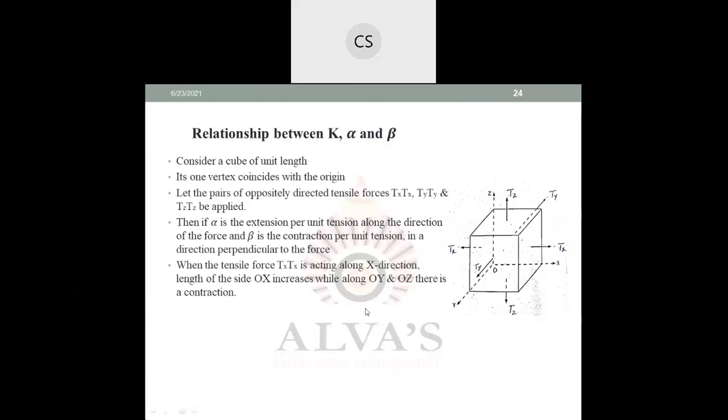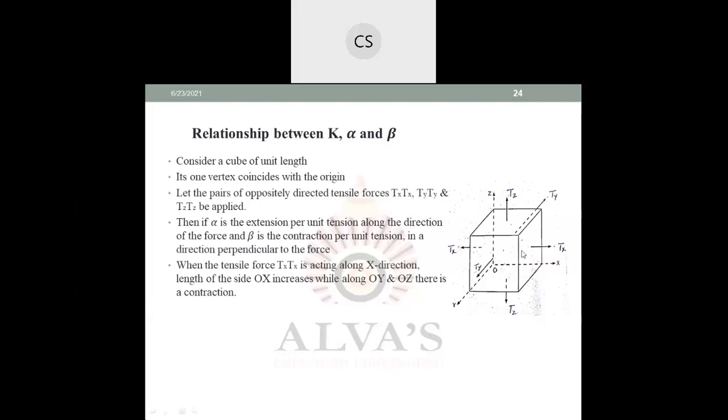What exactly is that? Let us try to understand. Suppose we consider the tensile force Tx acting along the x direction. Two opposite forces are acting along the x direction, on the left and right faces of the cube, you can see the arrow marks.